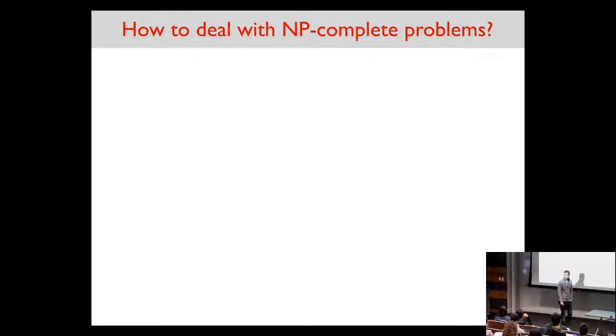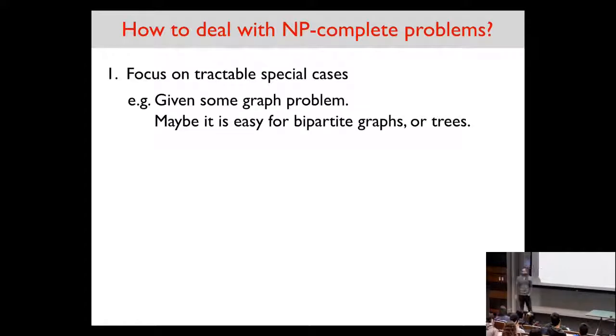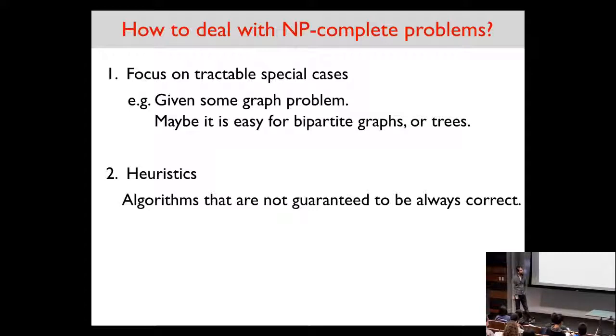So how do you deal with NP-complete problems? There are several things you can do. You don't want to throw in the towel and give up. You can try to focus on tractable subproblems. Let's say you're given a graph problem that asks you to answer a question about the graph. Maybe you cannot answer it for general graphs, but when the graph is a bipartite graph or when the graph is a tree, maybe you can solve it. So maybe you want to focus on those kinds of special cases. You can look at heuristic algorithms.